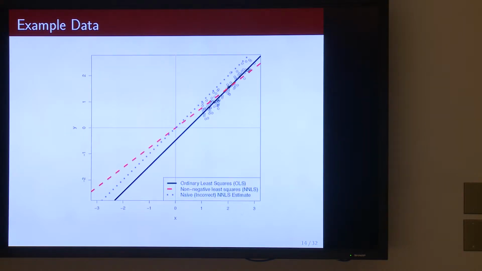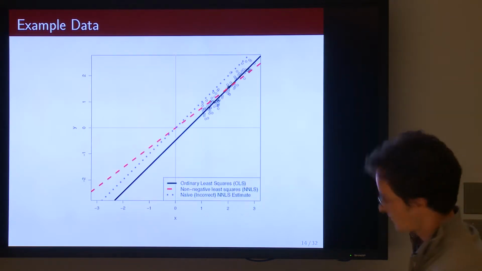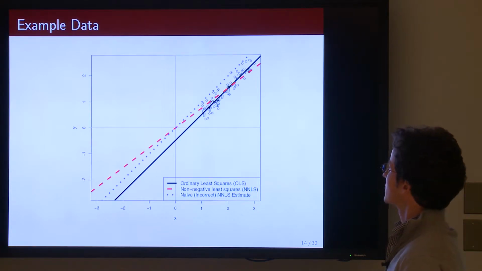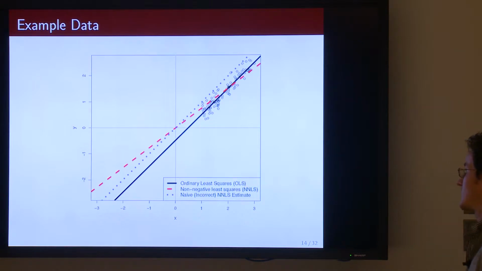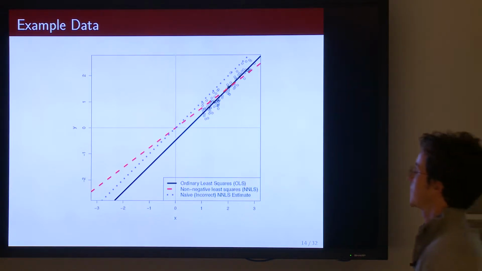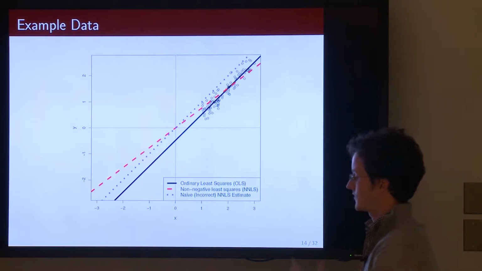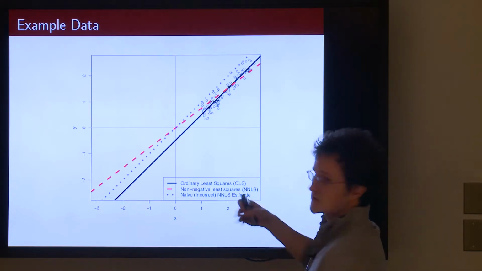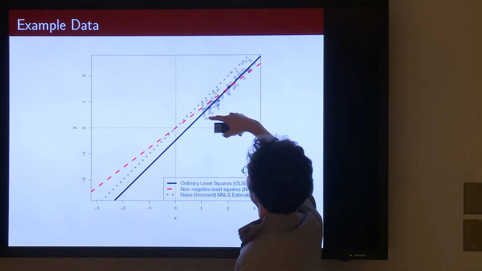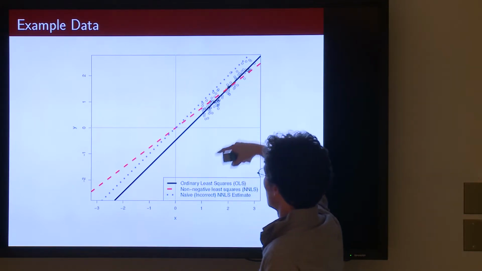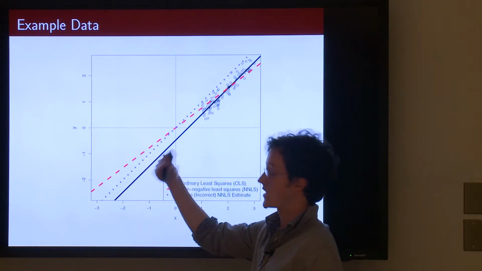All right, so just an illustration of non-negative least squares and a little bit of a warning about using it, or thinking about the minimization. So I simulated a little bit of data here. That's these black circles, and then fit the standard OLS line through them.